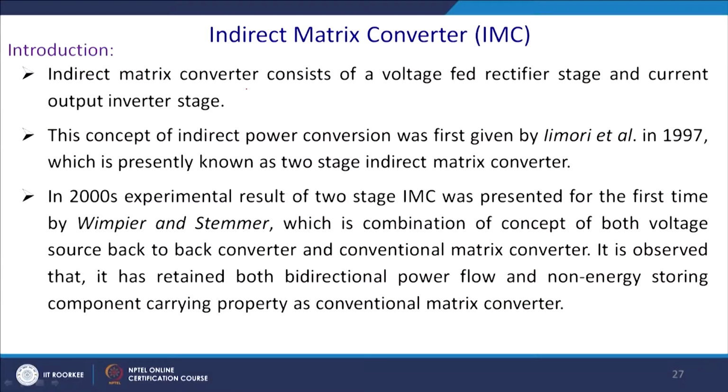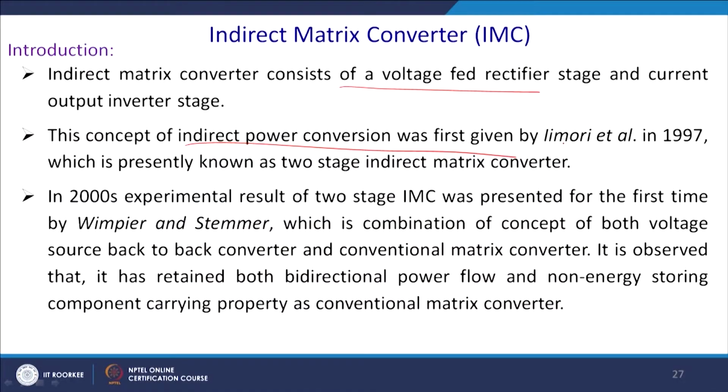So, the indirect matrix converter is a matrix converter consisting of a voltage fed rectifier stage and a current output inverter stage. So, the first part is the same, it is basically a VSI, and thereafter you will have a CSI.